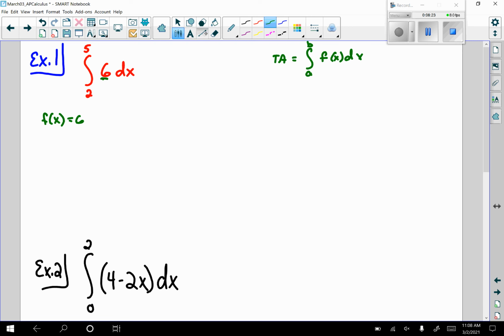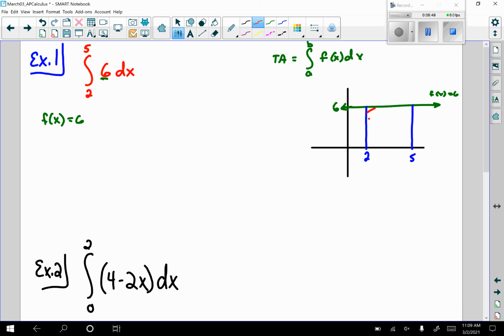So we're going to go ahead and make a sketch. We're going to graph the function f of x equals 6. So that's just going to be a horizontal line right here. So this is f of x equals 6. But we're only going from x equals 2 to x equals 5. So if I draw a line down here, that's x equals 2 to x equals 5.